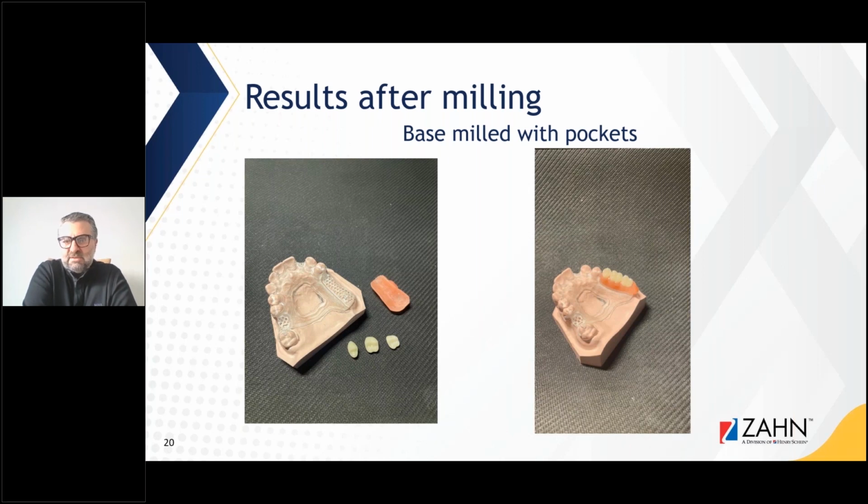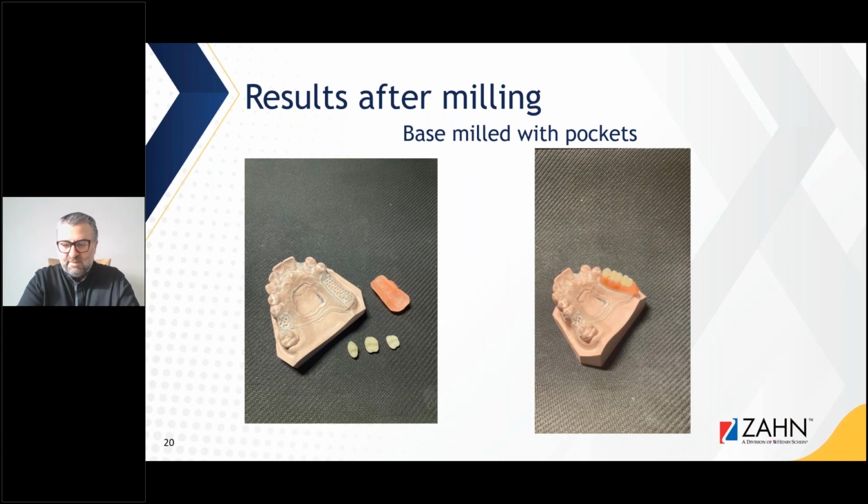So you just need to polish it with your conventional methods. And then once your teeth are luted, just finalize it and send it away. So at this point, as mentioned before, under 180 minutes, I was able to finalize what you see here.